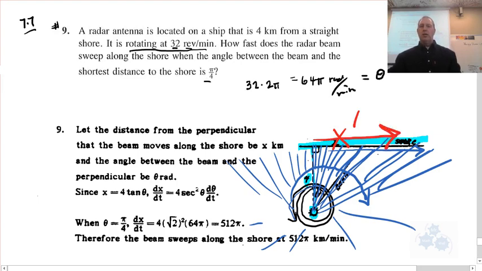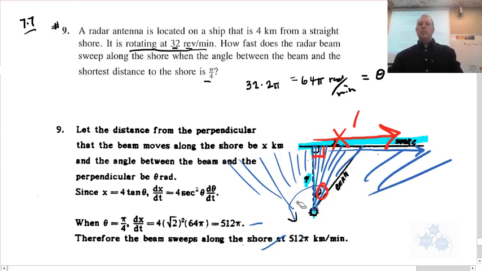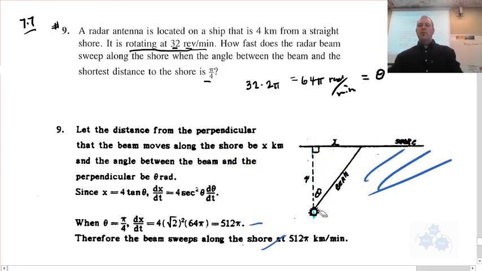Okay? Now x prime, x would be like the opposite side of this right triangle. So you've got an angle. Now this is really messy. But now you've got an angle, and you've got x over here, and then we're trying to find x prime, the rate of change as it sweeps along the shoreline here.